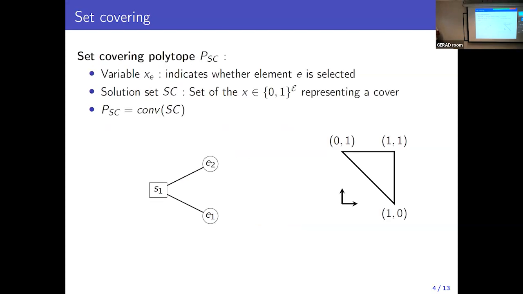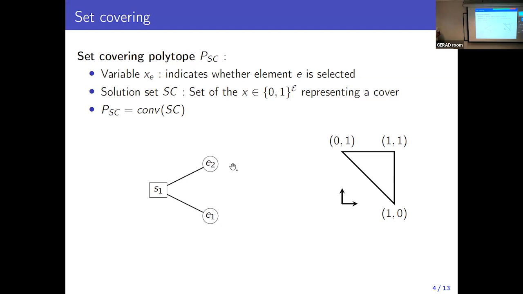Okay, so we want to study this problem through its polytope. When we model this problem, we usually use one variable for each element, a binary variable deciding whether or not the element is taken inside the cover. The solution set is just the set of binary vectors that represent the covers.